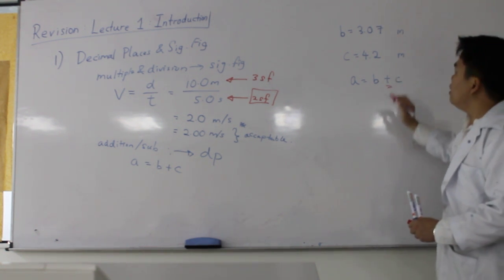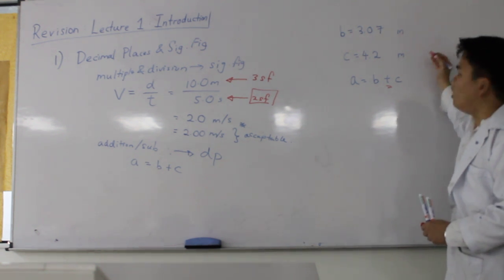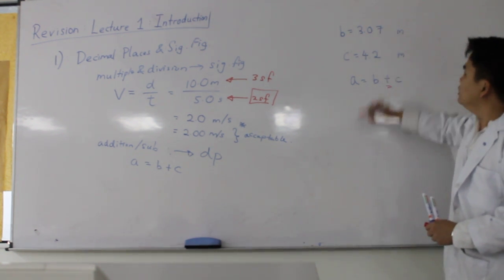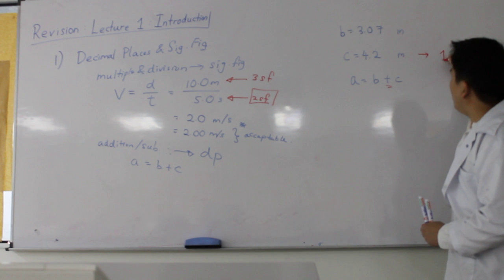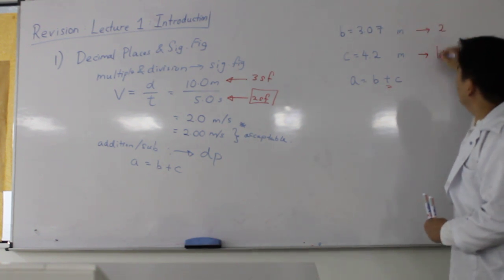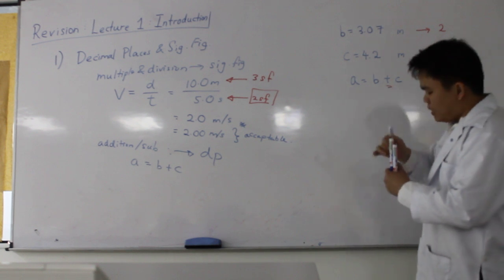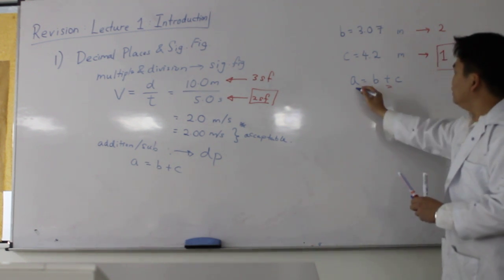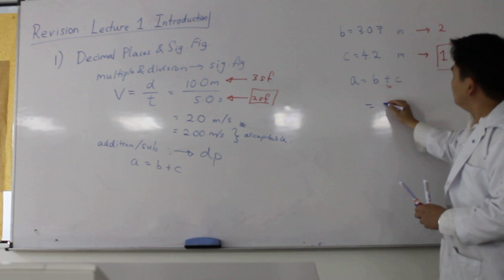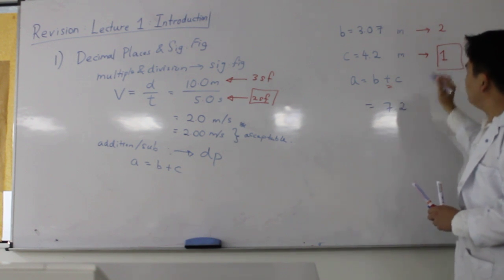And for addition, we follow the smallest number of decimal place. For this case it is 1, for this case it is 2, so we choose 1. As a result, the value of A is 7.2 meter.